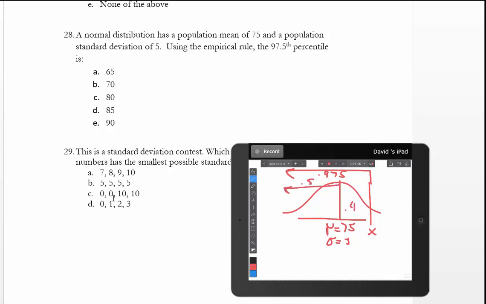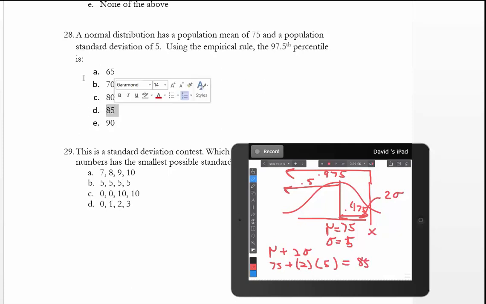That leaves 0.475 in here. And you should recognize by now that that is half of 95. That is, that distance is 2 standard deviations. And it's above the mean. So just go the mean plus 2 standard deviations, or 75, plus 2 times 5, is equal to 85. And so that'll be your answer on that one.